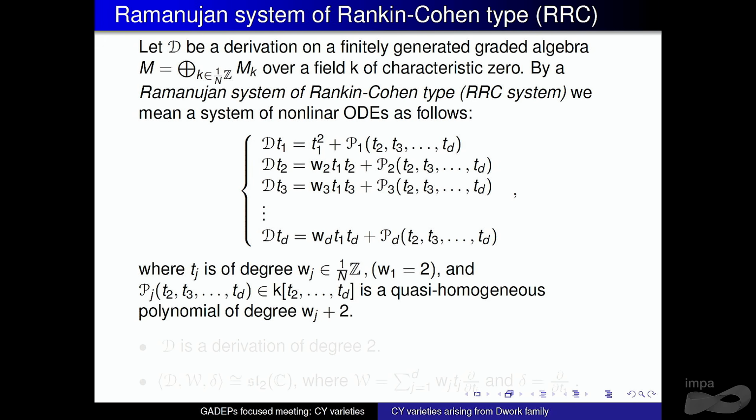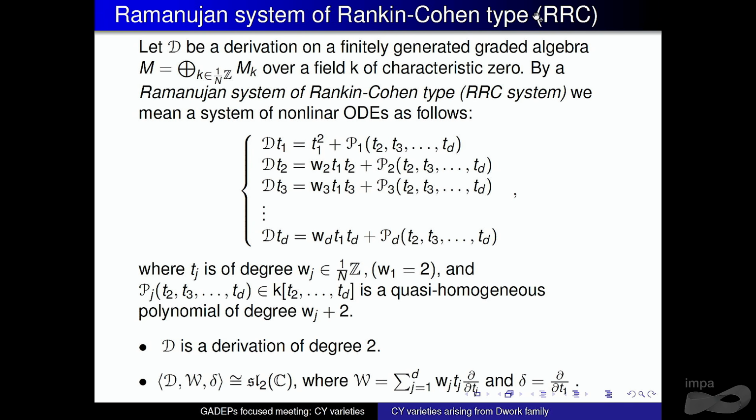The same as before. D is a derivation of degree 2, and this derivation, together with the weight operation and this constant operation, is isomorphic to the Lie algebra SL2C.